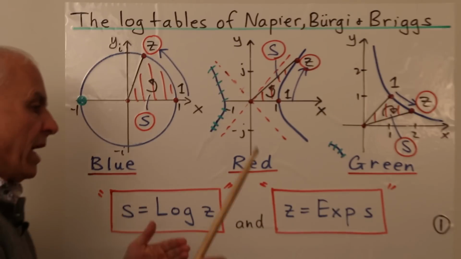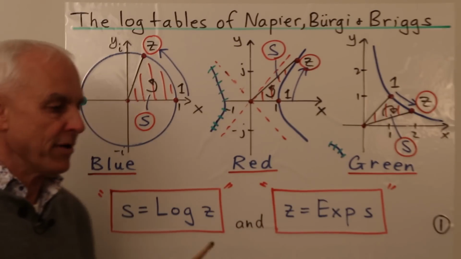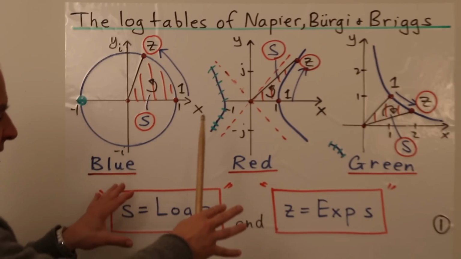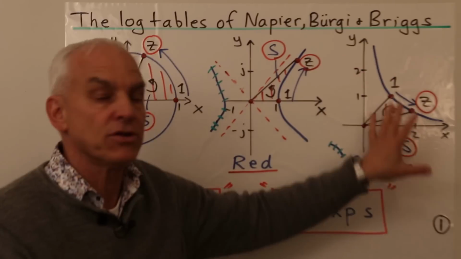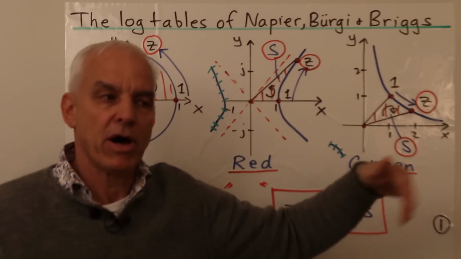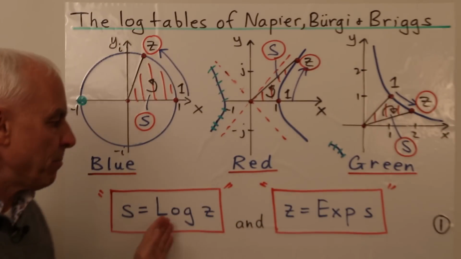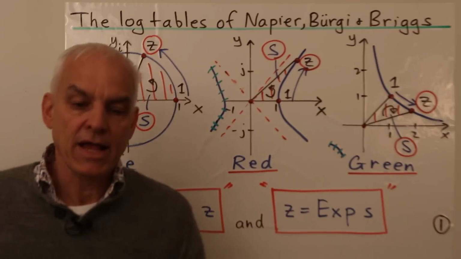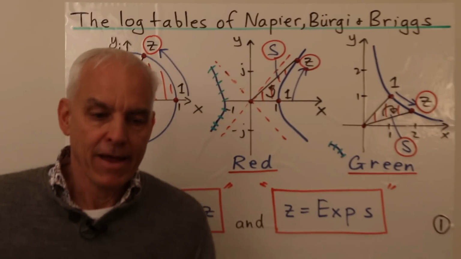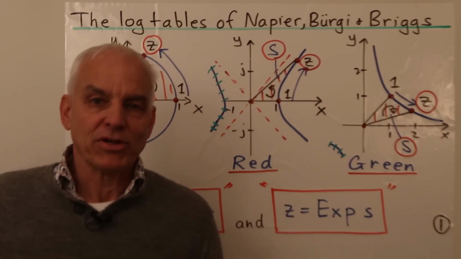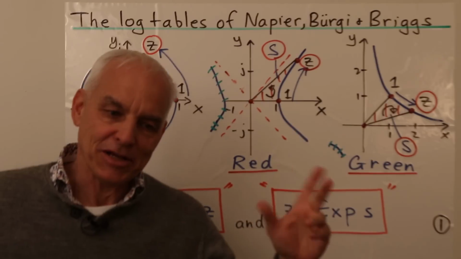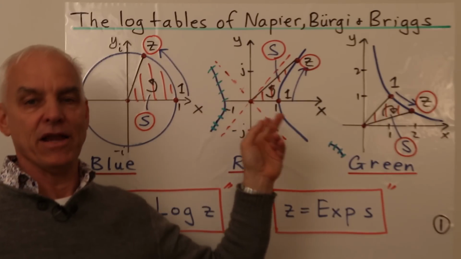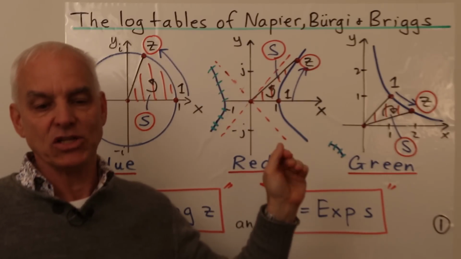Now, the ordinary, more familiar garden-variety log and exp are associated with taking these two things and just restricting to the green picture. But what I'm trying to suggest is that the basic principle applies uniformly across all three pictures and gives us a more general framework to see not just the log and exp functions, but also the cosine, the sine, the cosh, the sinh functions, and so on.